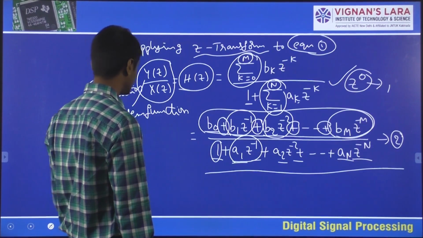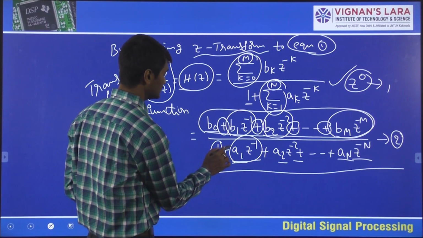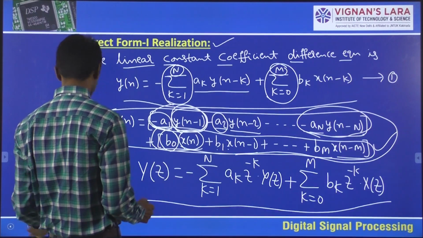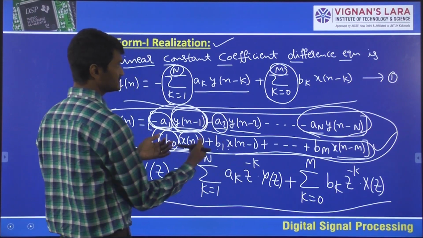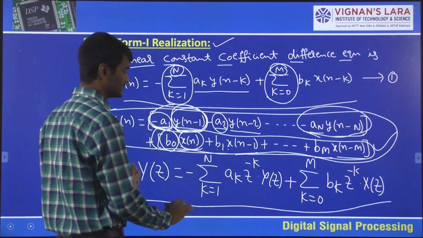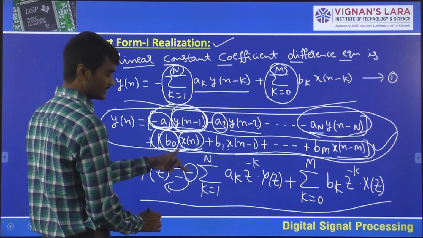If you observe in the frequency domain, that is the z domain, it looks like here it is plus. Why? Because after applying the z transform, we are separating the y of z terms and x of z terms on one side. Then if you take these terms to this side, it will become plus.